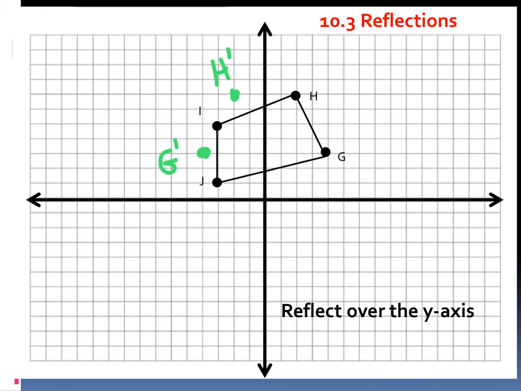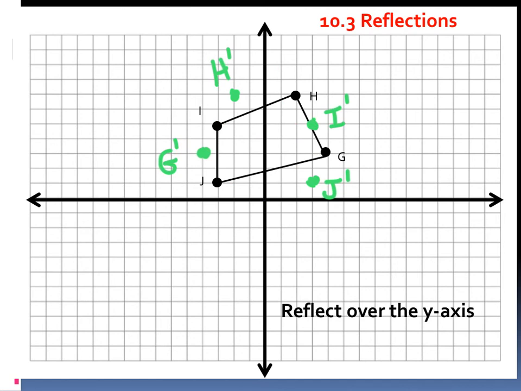Now, I do the same thing, except with I and J, I'm going to bring them over to this side. So point I is 1, 2, 3 to the left, so I'm going to go 3 to the right. And then I have J, which is 3 to the left, so I'm going to go 3 to the right.